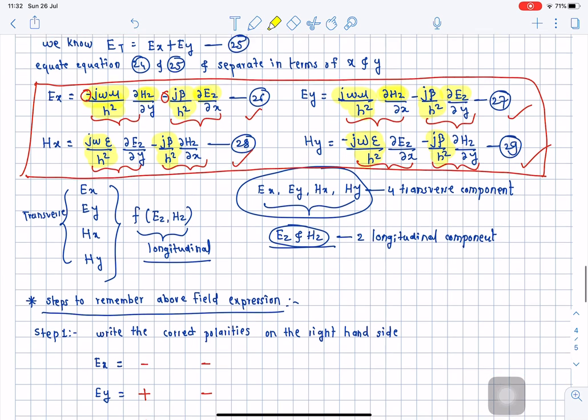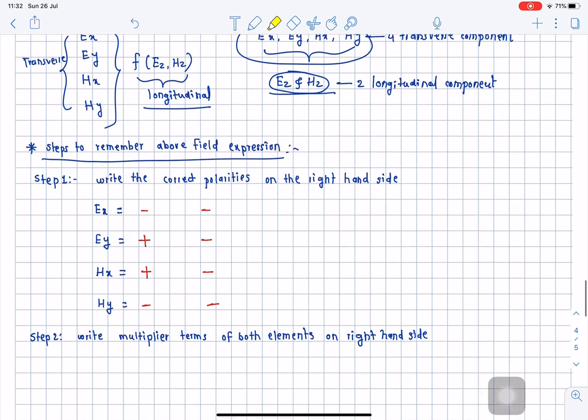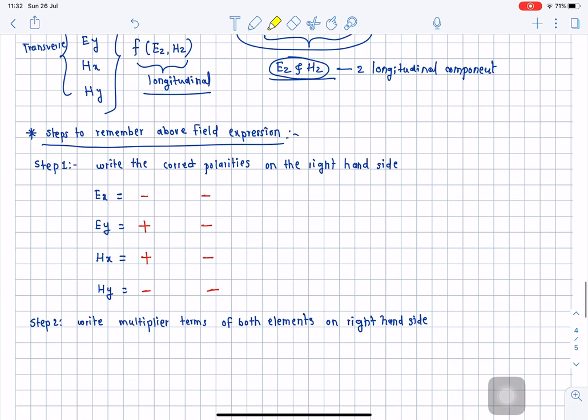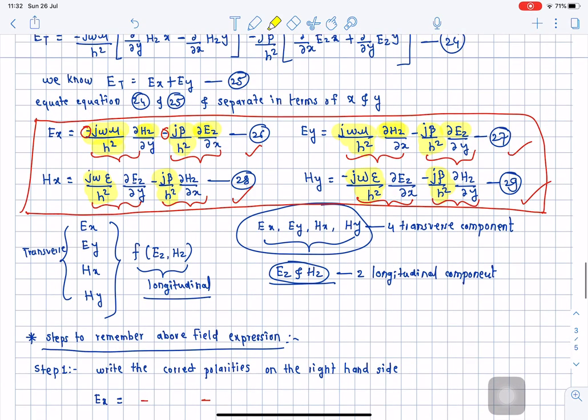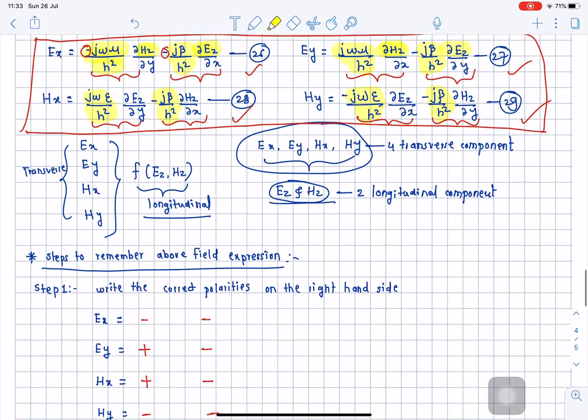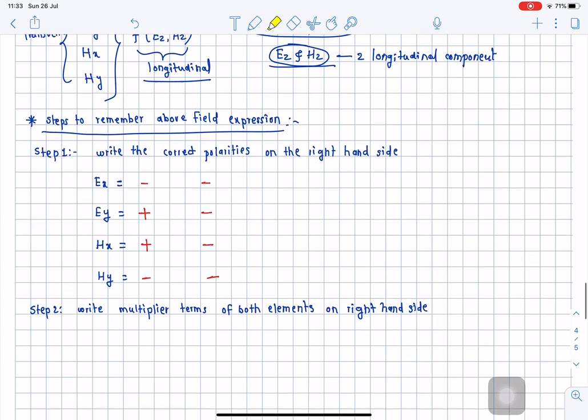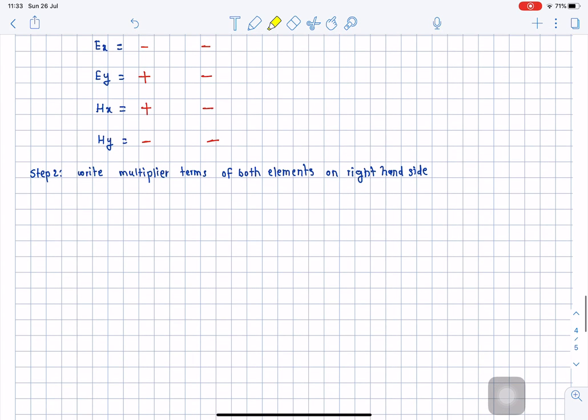So for the electric field, the first term you need to write is j omega mu upon h square. The second term is fixed, common for all, that is j beta by h square. And whenever the magnetic field comes, for the first term you need to replace mu with epsilon. So how will we write it? Again I will write the equations Ex, Ey, Hx, Hy equal to.